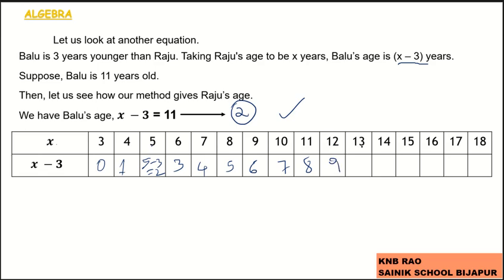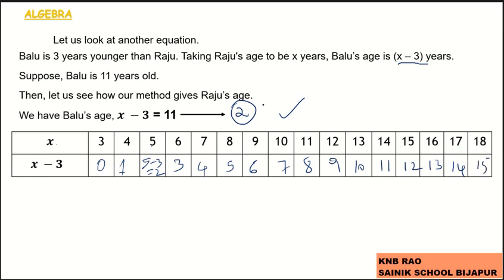When x is 13, it becomes 10. When x is 14, it becomes 11. When x is 15, it becomes 12. When x is 16, it becomes 13. When x is 17, it becomes 14. When x is 18, 18 minus 3 becomes 15.